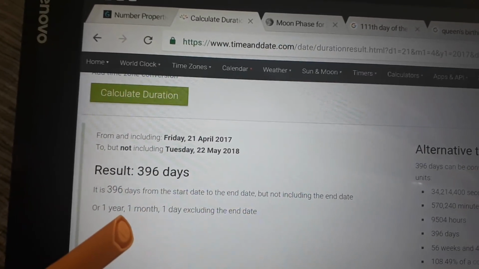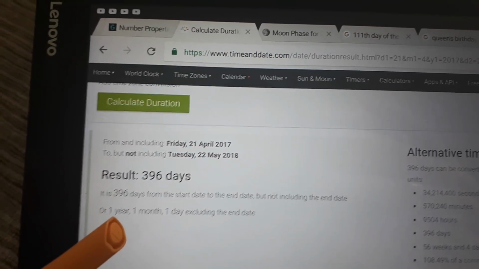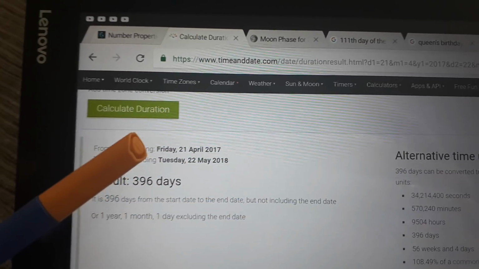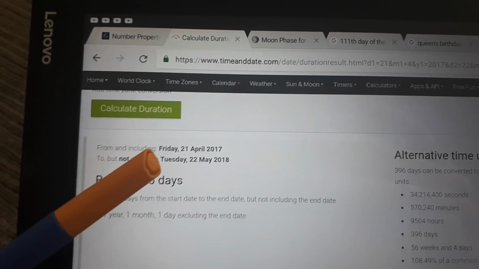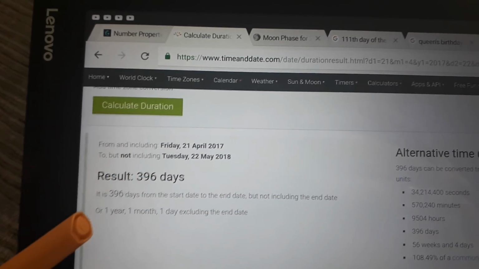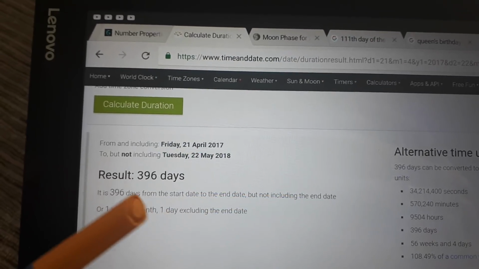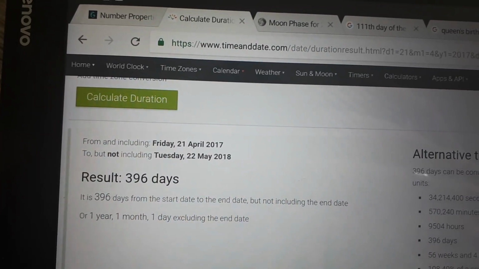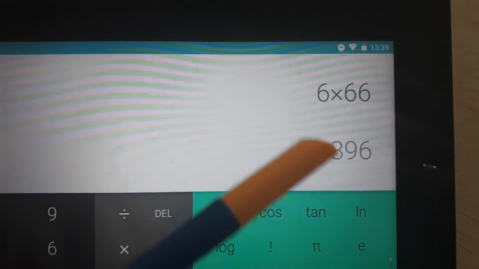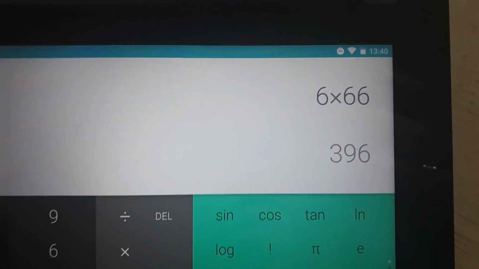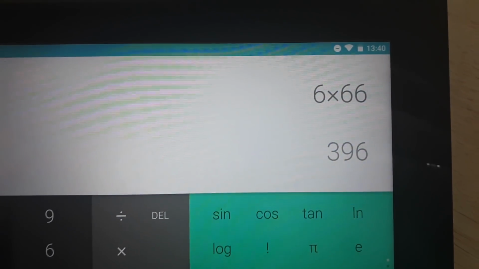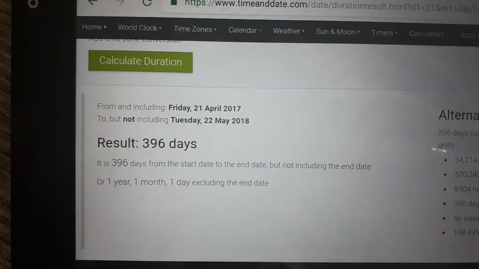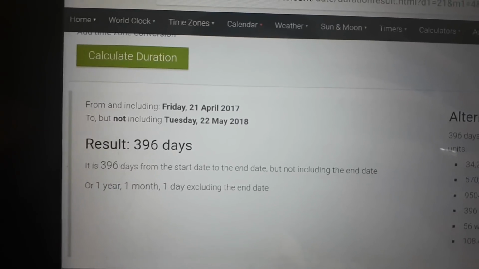There's no coincidences with numbers, there's just calculations. The calculation of the Queen's birthday last year to 225 this year is 1 year, 1 month, 1 day. It's also 396 days. That's your 6 times 66.